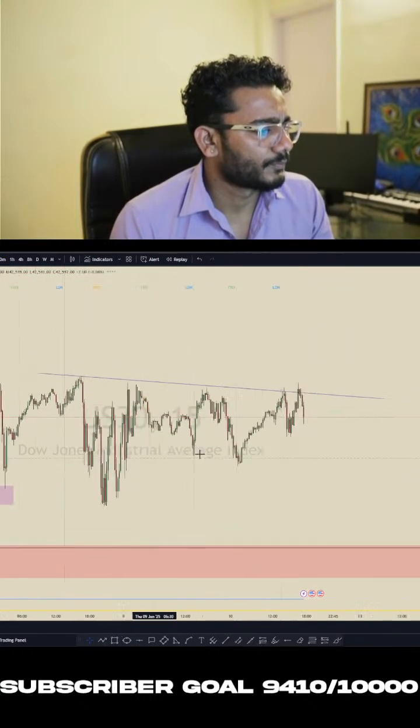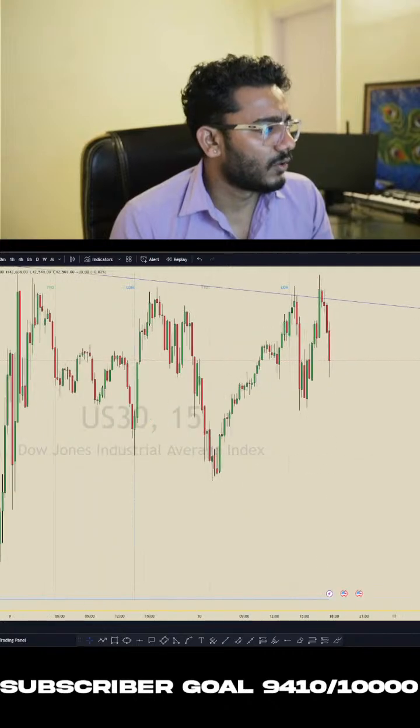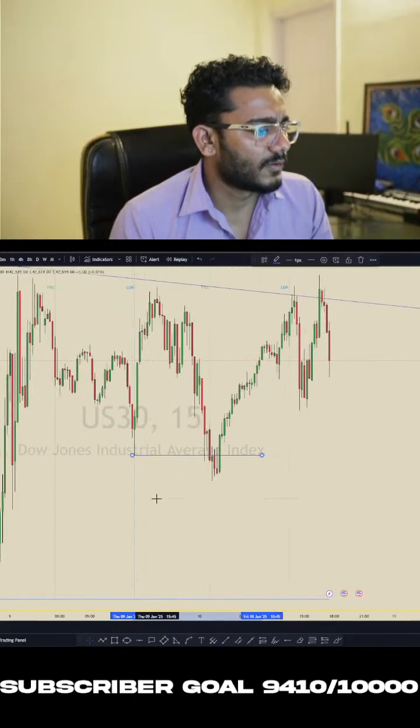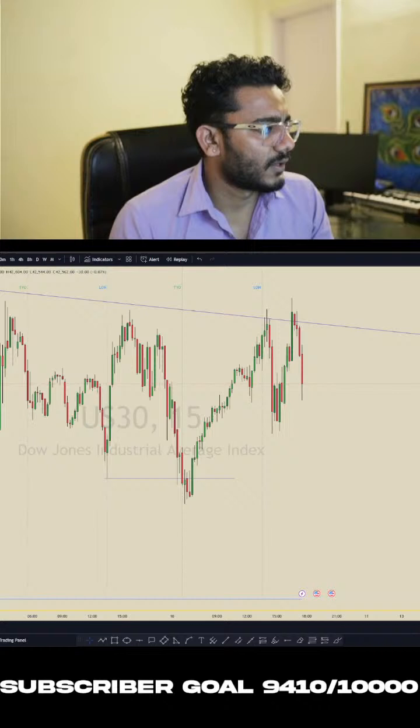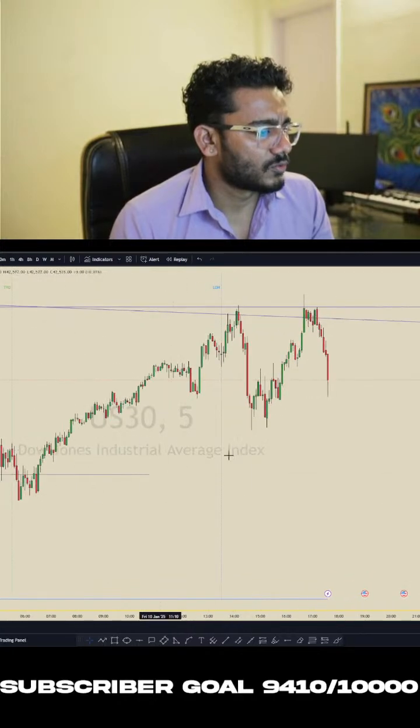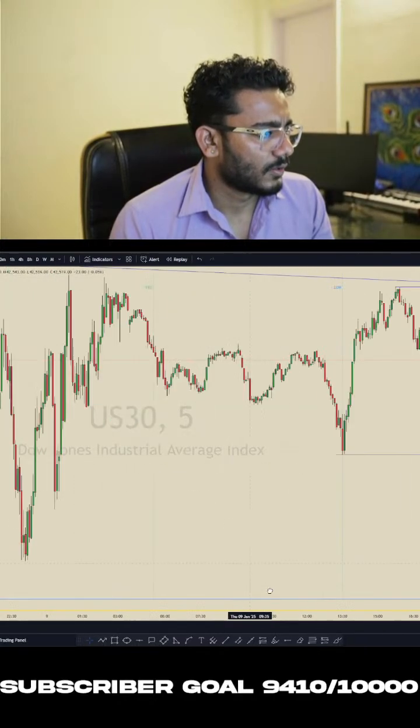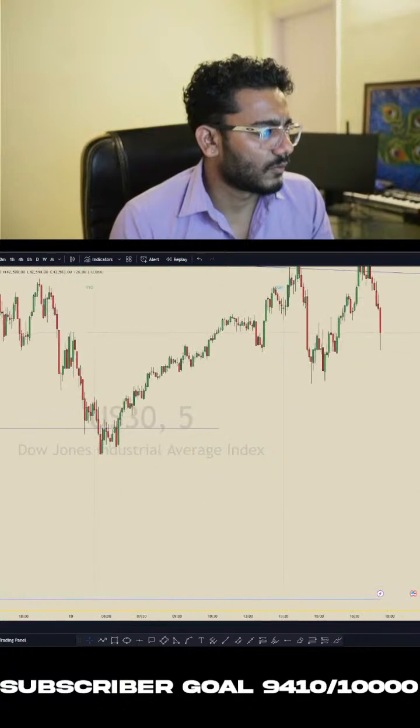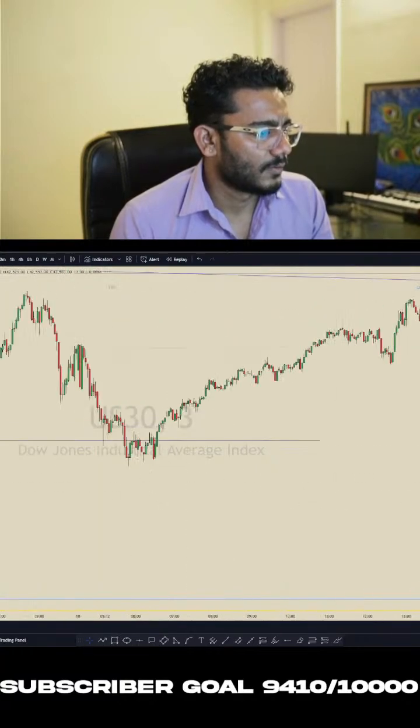Everything is mitigated. Right now on lower time frame we can see on 50 minutes this low is induced and this structure is broken, but it is not broken by candle body. There's no mitigated order block, so I think we will skip this.